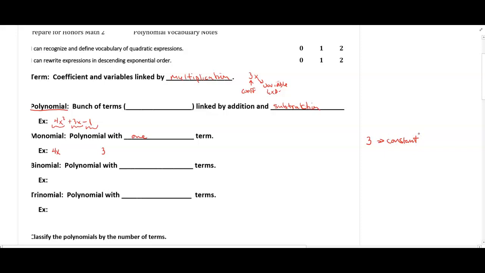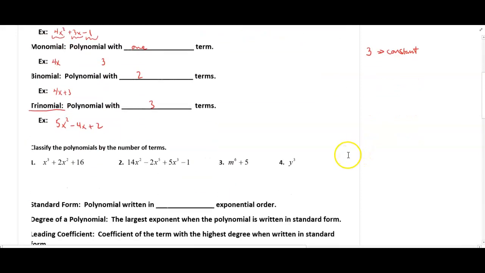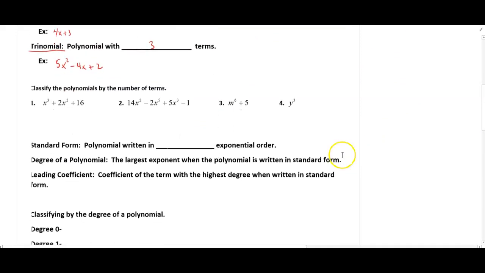Now a binomial is a polynomial with two terms. An example of this would be like 4x plus 3. Then a polynomial with 3 terms would be called a trinomial. And that would be like something up above. I could have like 5x squared minus 4x plus 2. You have 3 terms linked by addition and subtraction, and you get that.